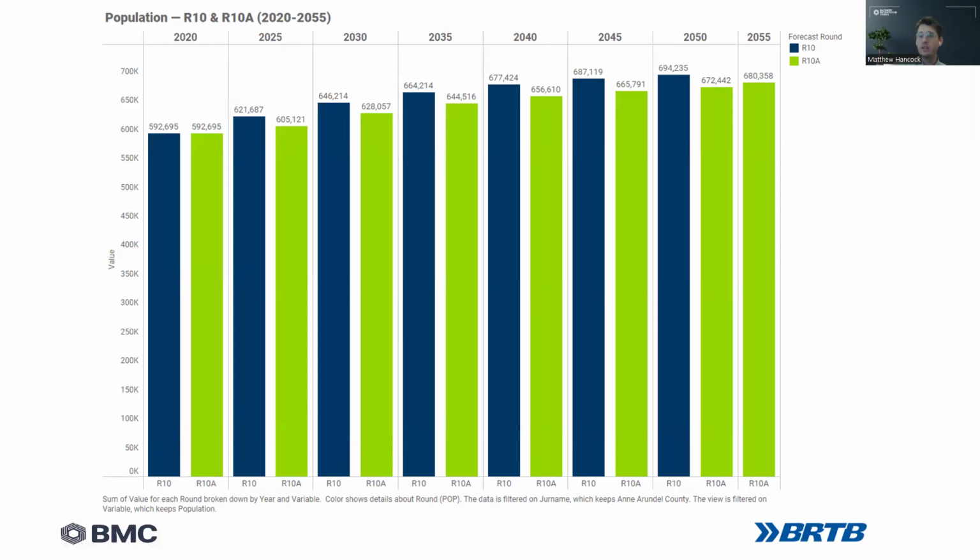So the population forecasts were consistently growing across all periods from 2020 to 2050. This is just a decelerated growth rate compared to that in round 10. So we'll see that the largest single period gain occurs between 2025 and 2030, and then slowly decreases from there.